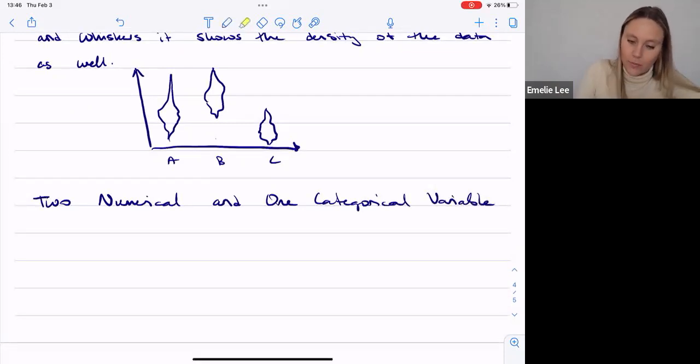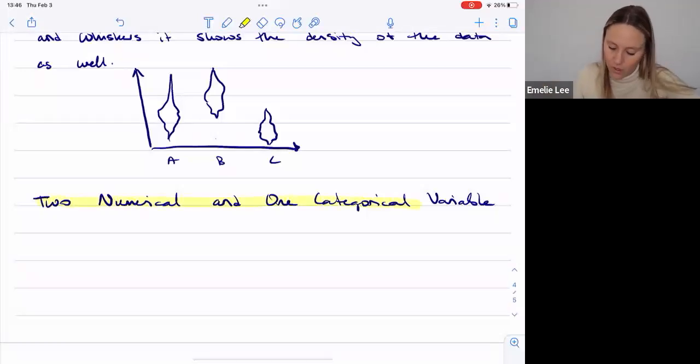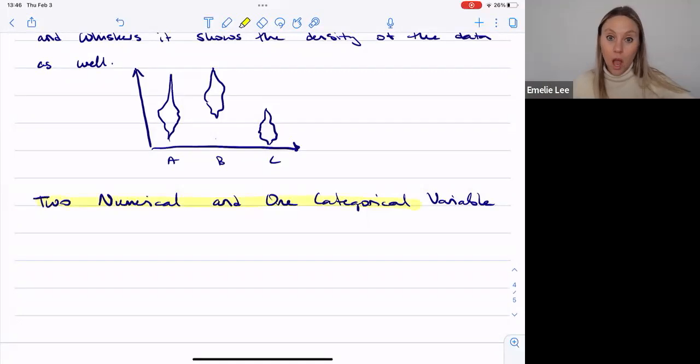We can go on, but beyond this point, it gets a little bit weird, and you would just do different versions of this multiple times over, considering other variables, right? So two numerical and one categorical variable.